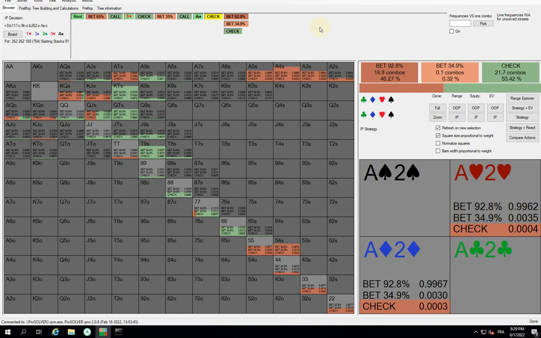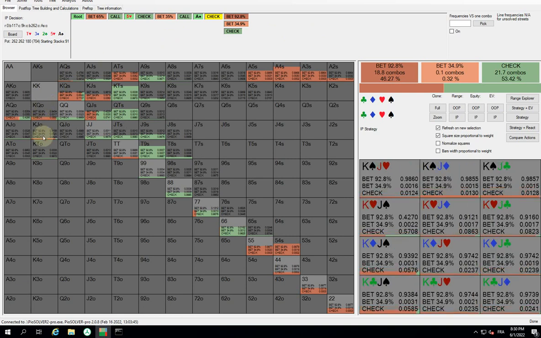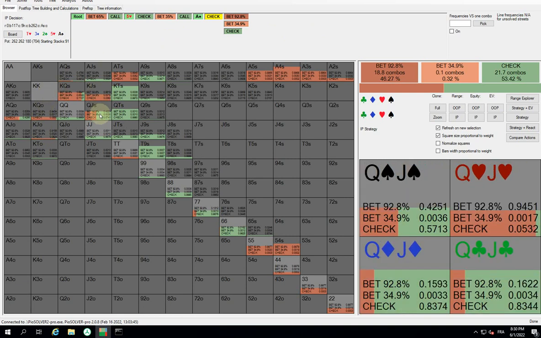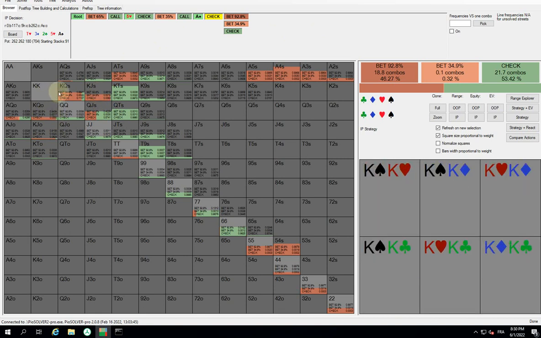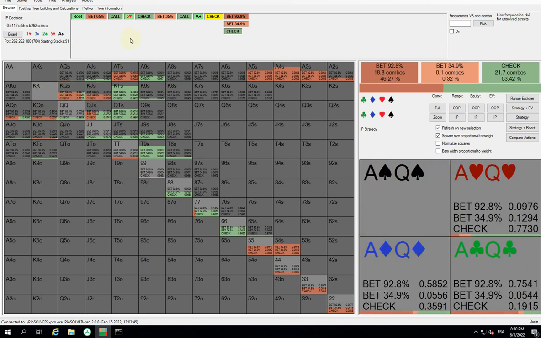Of course, all his stronger hands bet, his sets, his straights, etc. And his bluffing range is mostly built around the broadways which had a gutshot, which missed completely, which floated the flop and completely missed the board.